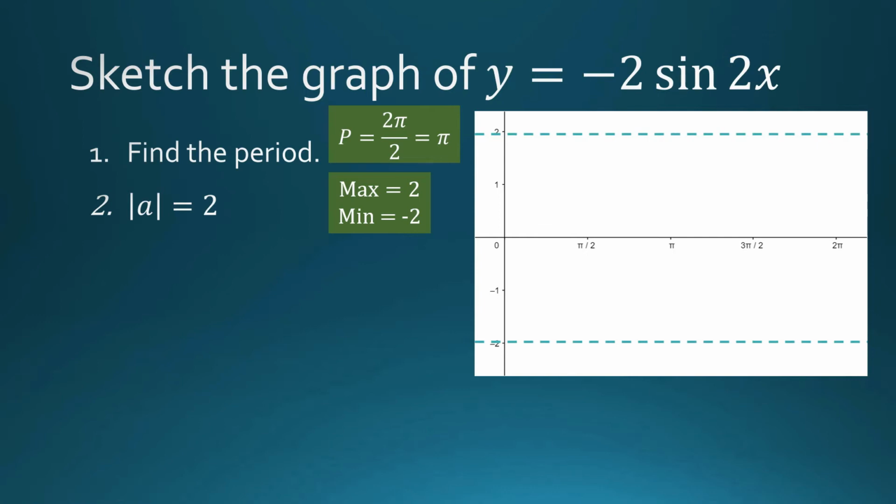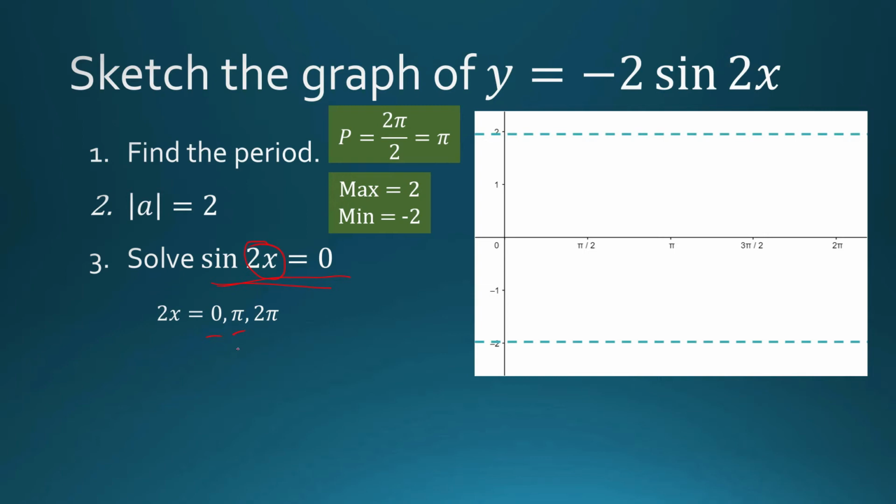So what else? We look for the x-intercepts. The x-intercepts are the values of x so that the value of your function is 0. So what you do is you equate this to 0. When is this equal to 0? But you know the sine function. The sine function is going to be equal to 0 when the angle is equal to 0, because sine of 0 is 0.